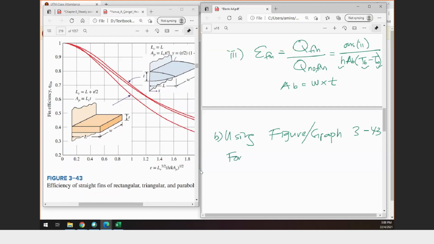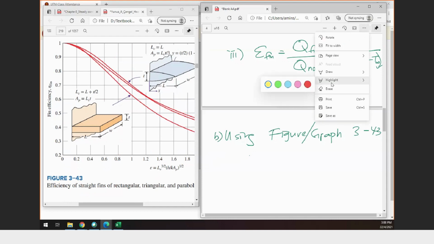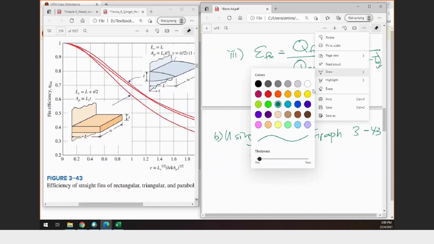Okay, first you need to find the epsilon value. Epsilon, this is epsilon. It seems like effectiveness, but don't confuse it with the effectiveness value.